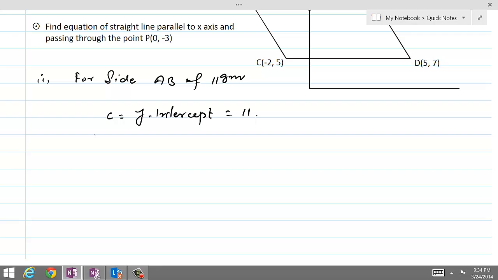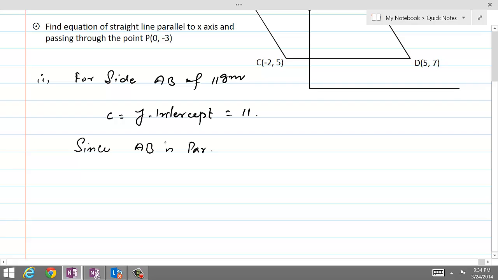Since AB is parallel to CD, and in fact we can write this as AB parallel to CD, this is the mathematical way of writing these statements. Since AB is parallel to CD, the slope of AB will be equal to the slope of CD.